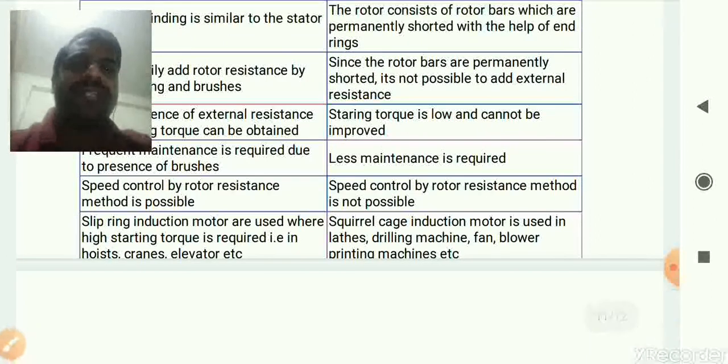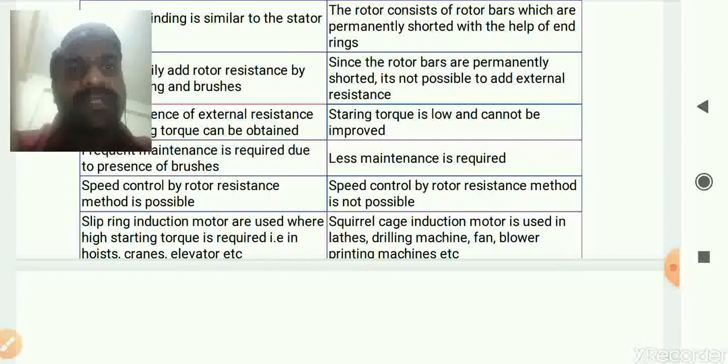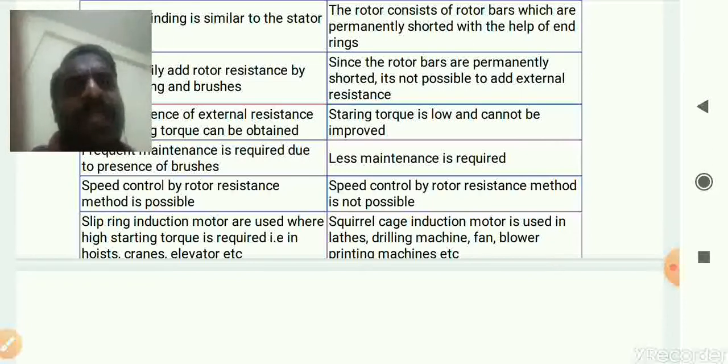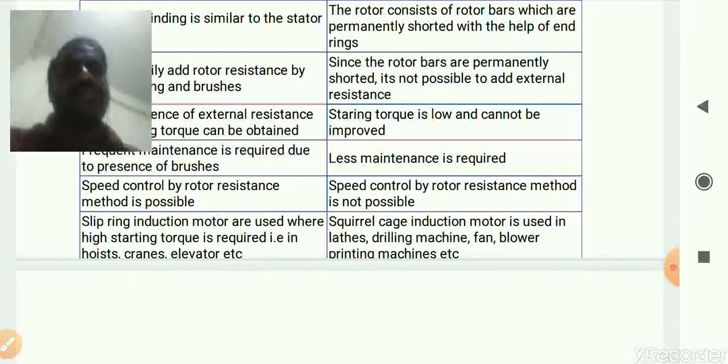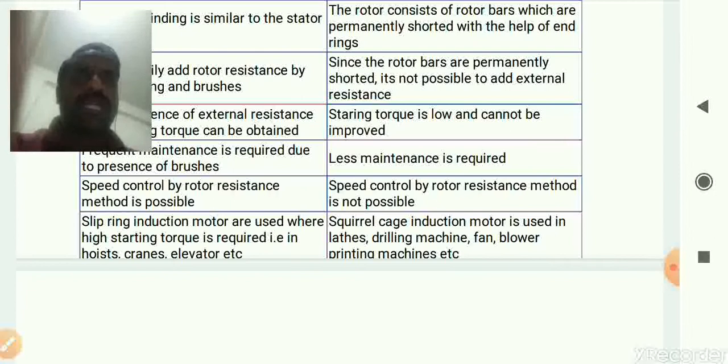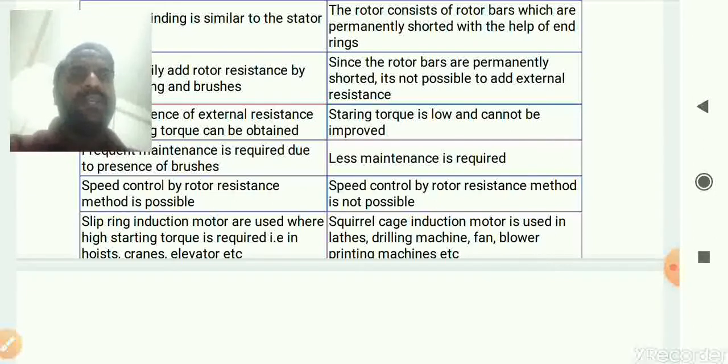And the last point is that slip ring induction motors are used where high starting torque is required, because the starting torque is required only at the time of start. We can provide the required starting torque at the start just by inserting the external resistance in the required amount in the rotor circuit.